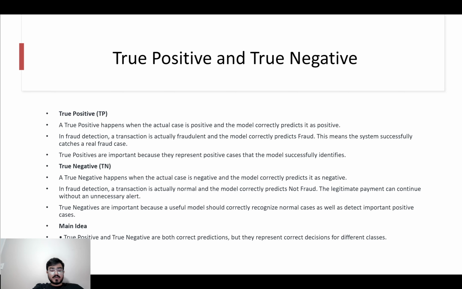Both the true positive and true negative represent correct predictions. The difference is simply the type of case they correctly identify. One correctly detects positive cases while the other correctly recognizes negative cases. A reliable machine learning model should perform well in both situations because correctly identifying both positive and negative cases helps improve the overall performance of the system.